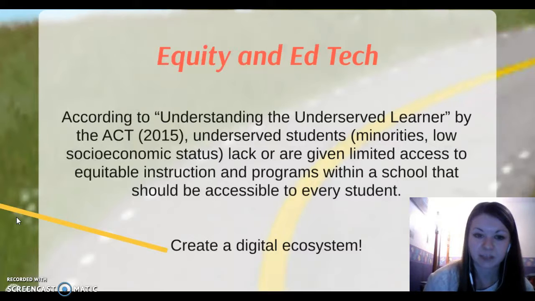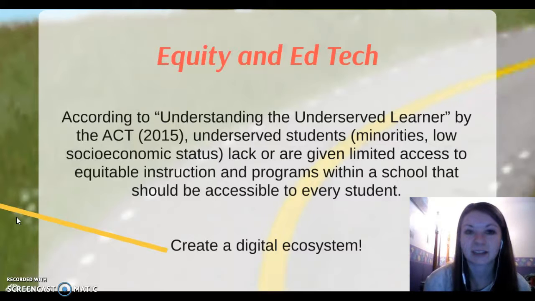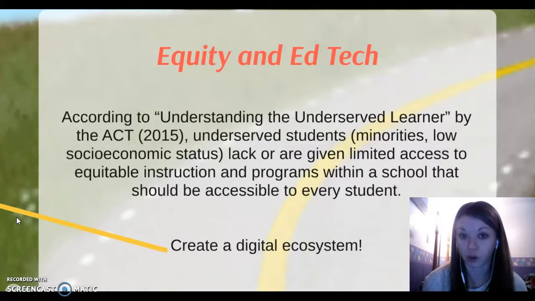And if they have equal access to information, they're more likely to learn about various cultures. They're more likely to do activities that engage critical thinking, rather than just sitting and listening to a lecture. It just gives them more opportunities to learn.